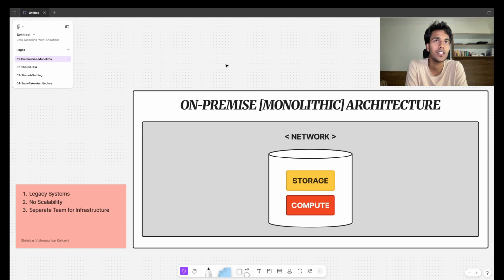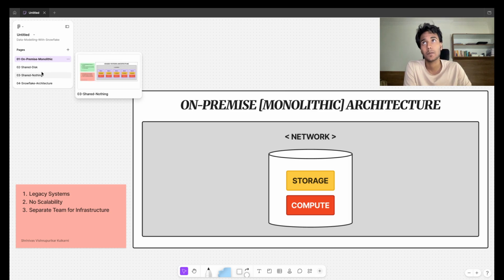You can already see that everything stays within the local network since it is on-premise, and then we have storage and compute coupled together onto a single instance, meaning you don't have much scope for scalability, and even if you did, you would have to maintain a separate team for infrastructure that just manages the scalability, internal configurations, and so on. Besides, all of the legacy systems would essentially be migrated to the modern cloud alternatives. So again, this is not an architecture that needs much discussion.